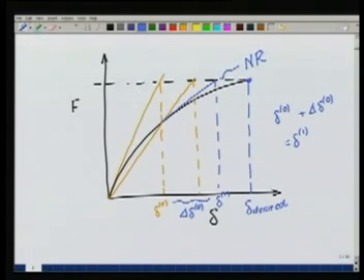So today we are going to discuss this method in greater detail.